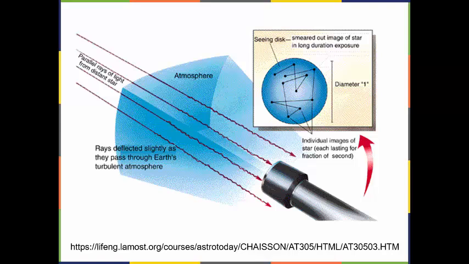And what we end up with is a blurry image. Once again, this is known as seeing. If there's good seeing, that means there's not much water vapor in the way, and we can see really well, and we get good pictures. If the seeing is bad, then we get lots of refraction over and over again through the atmosphere, and it smears out the image.